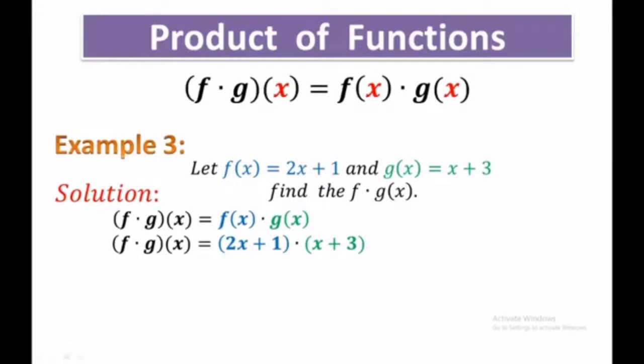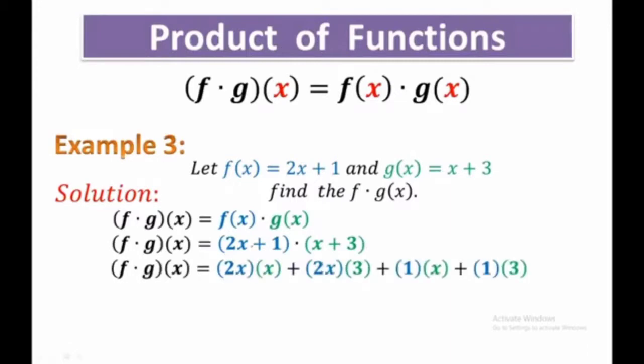Okay, perform the operation. Let us do the multiplication here. So 2x times x, this is the first term. Then the next is 2x times 3, this is the second term. And then we have 1 times x, the third term. And the last one is 1 times 3.